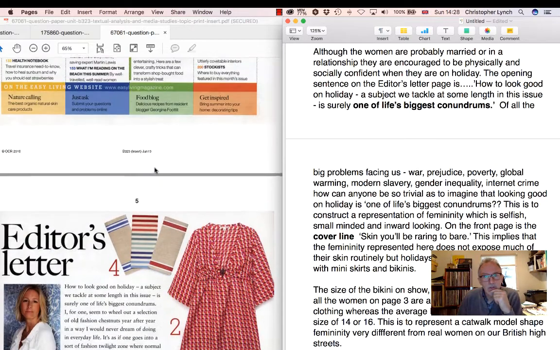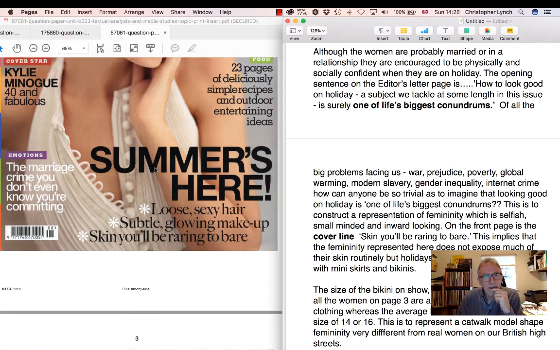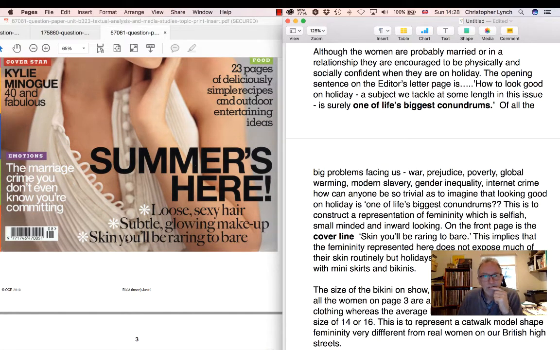On the front page is the cover line, "Skin you'll be raring to bear." This implies that the femininity represented here does not expose much of their skin routinely, but holidays provide a chance to be freer with miniskirts and bikinis.